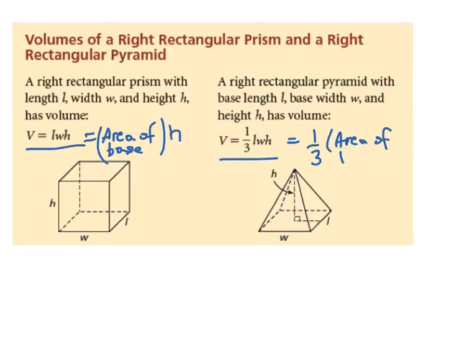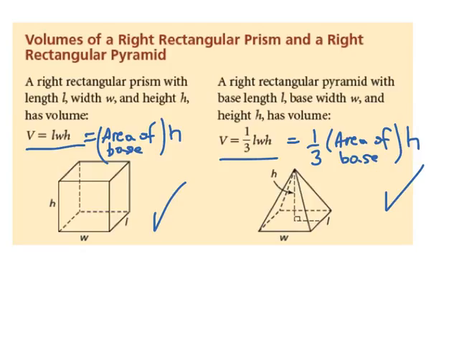So whether you use length times width times height or area of the base times height for the rectangular prism, or a third length times width times height, or 1/3 area of the base times the height for the right rectangular pyramid, both of these formulas will lead you to success in completing these types of questions.